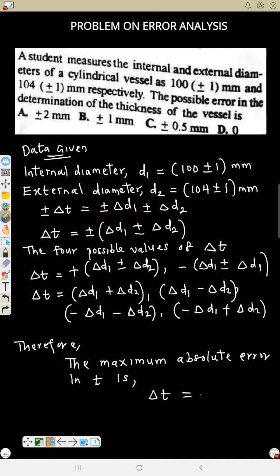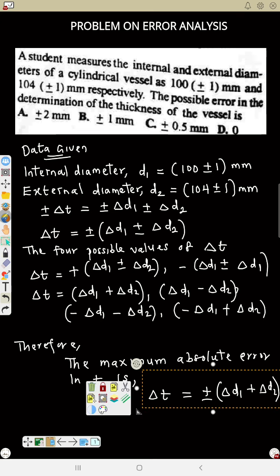So dt is equals to plus or minus delta d1 plus delta d2. So like that. So let me write that again.